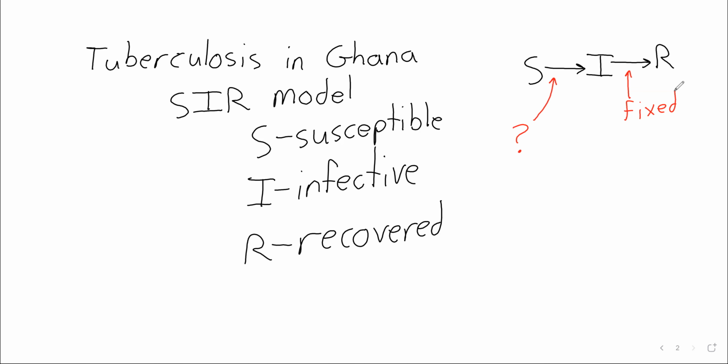What about this probability? What about the probability of moving from S to I? The probability of getting tuberculosis? Well, in this particular context, that probability can probably be treated as fixed as well.